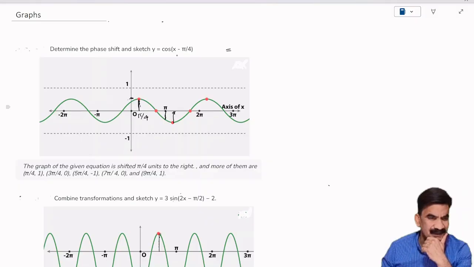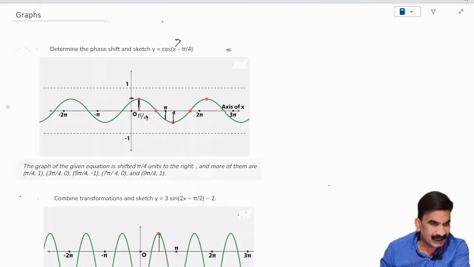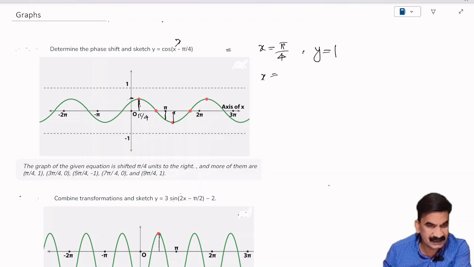Now, for example, it says y is equal to cos(x − pi/4). Can you see, if I have x equal to pi by 4, I will have cos 0. That means y will be equal to 1. So the graph attains its maximum value not at x equal to 0, but at x equal to pi by 4.